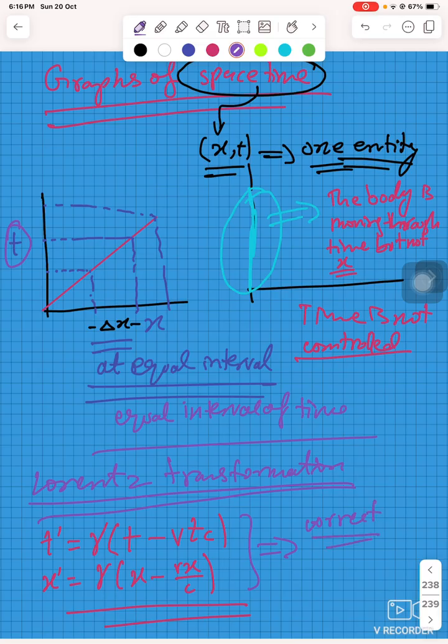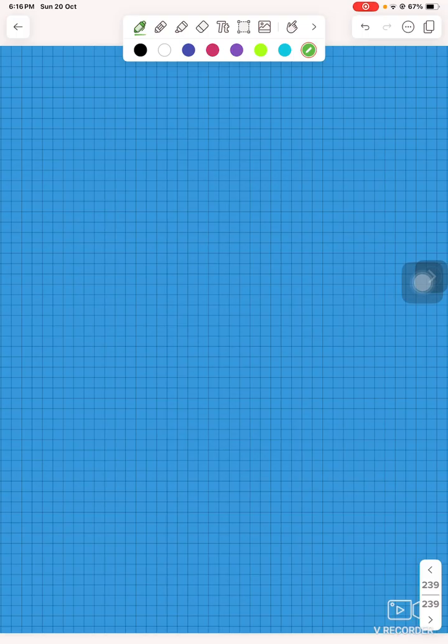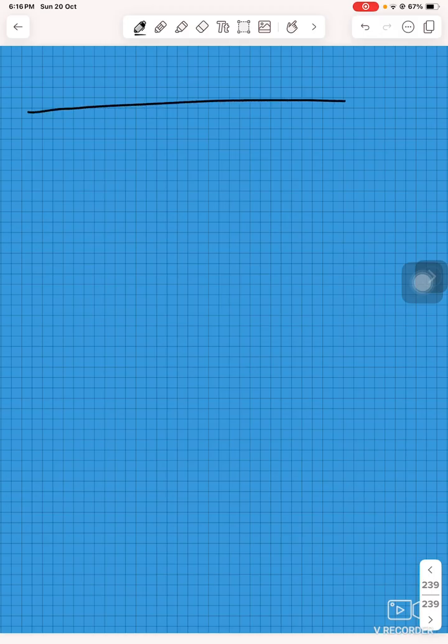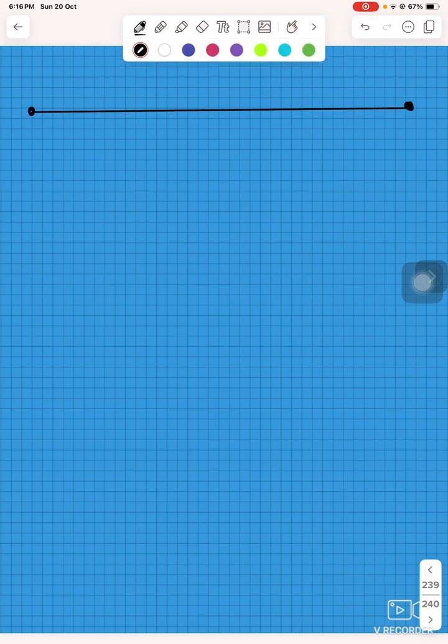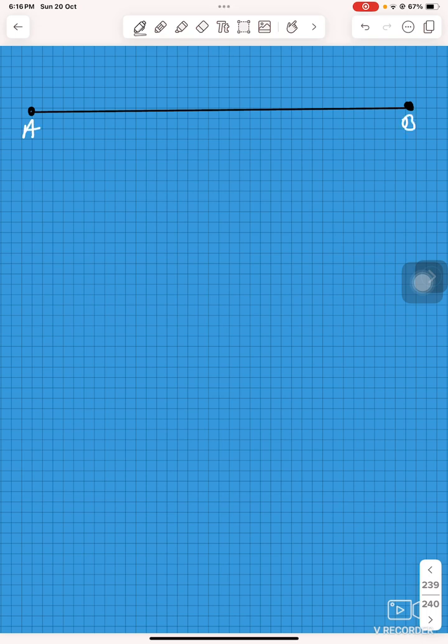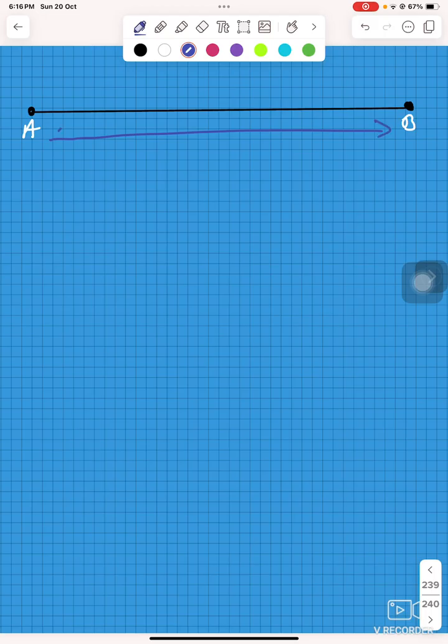Okay, so here let's do some experiments using this. Let's suppose these are two points, point A and point B. The distance is 10 billion years.